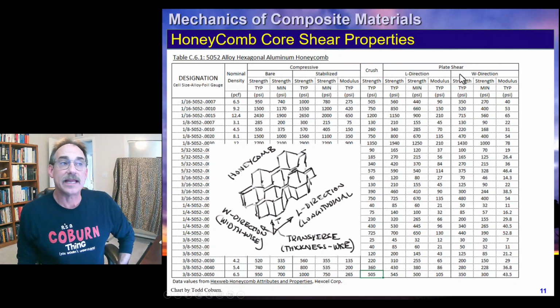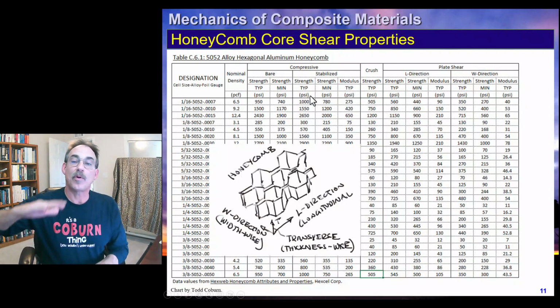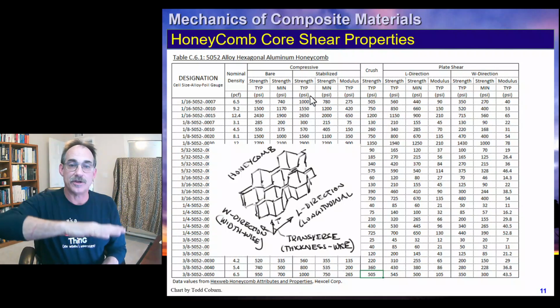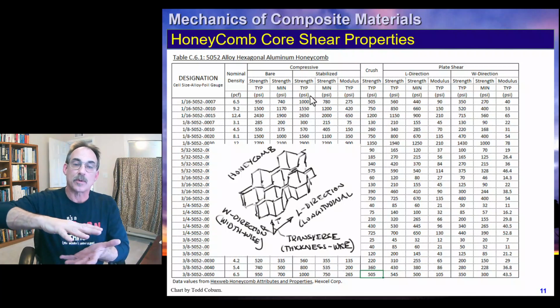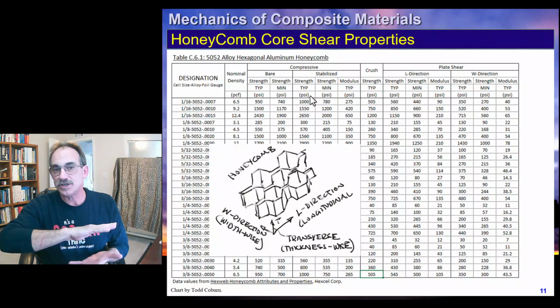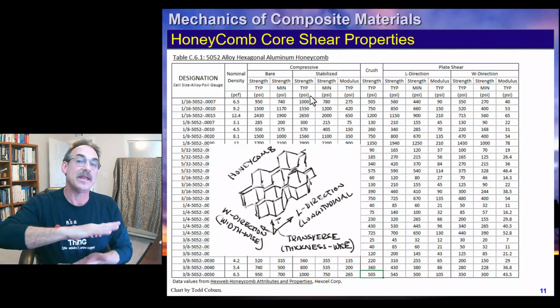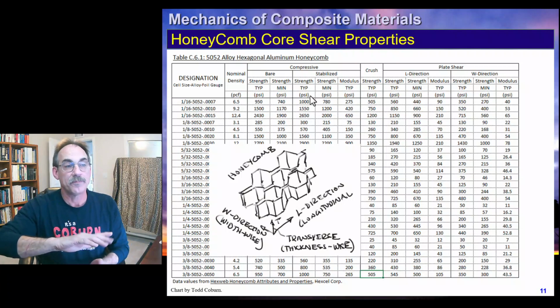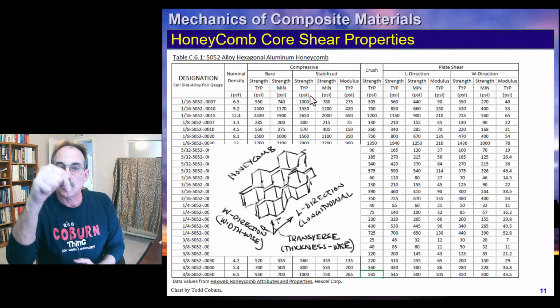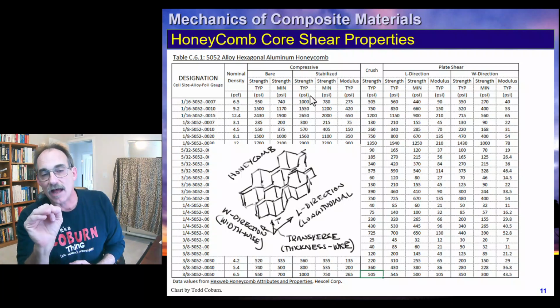Now, you'll notice all of our compressive allowables are for the transverse value. You'll notice there were no in-plane shear values for the core. The reason is the face sheet is much stiffer, and you can assume that all in-plane shear is taken in the face sheet. What we do have here is a whole bunch of transverse shear values, strengths and stiffnesses for the core.